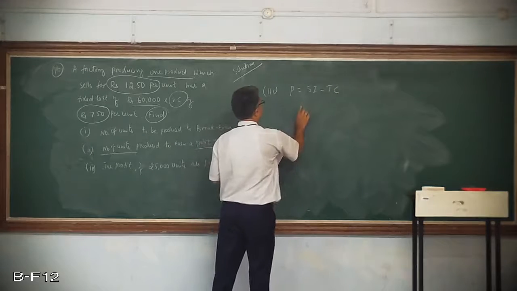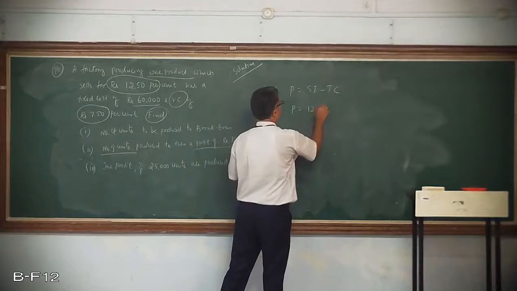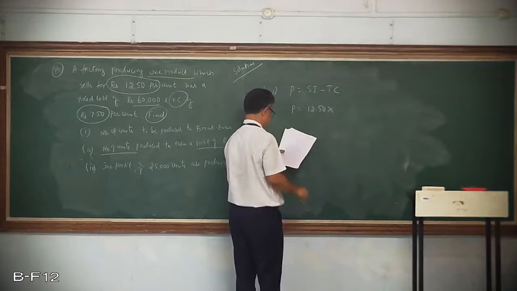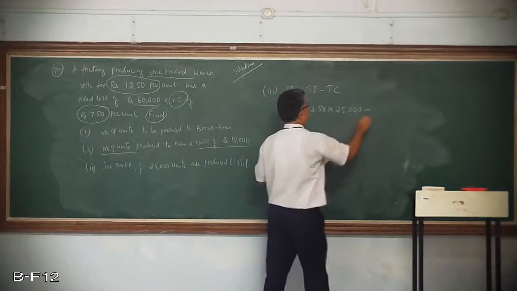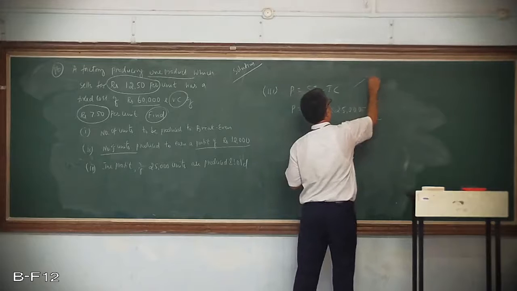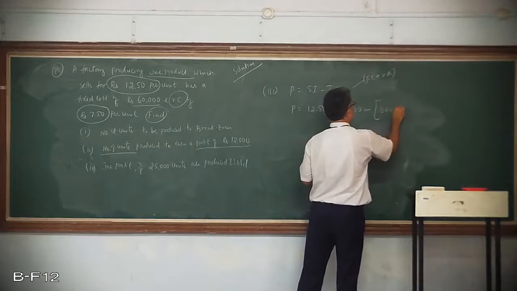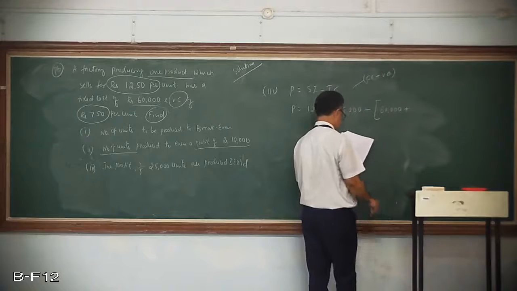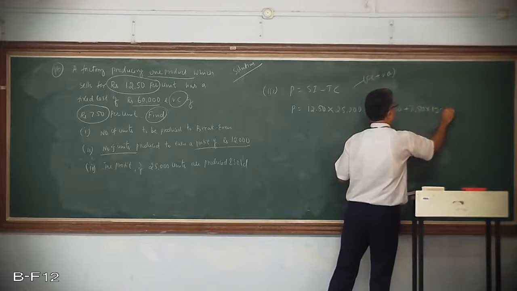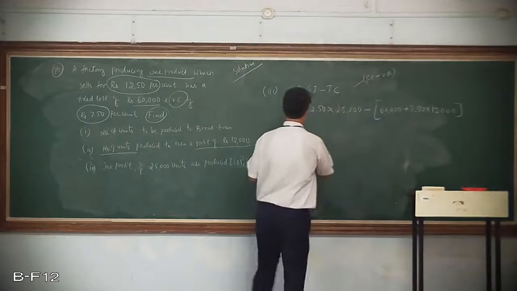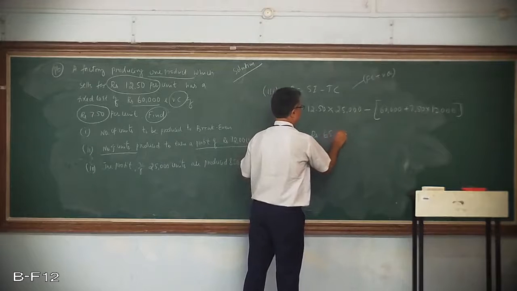Sales income is selling price 12.50 into quantity 25,000, minus total cost, which is fixed cost 60,000 plus variable cost 7.50 into quantity 25,000. So that is equal to rupees 65,000. It's a profit.